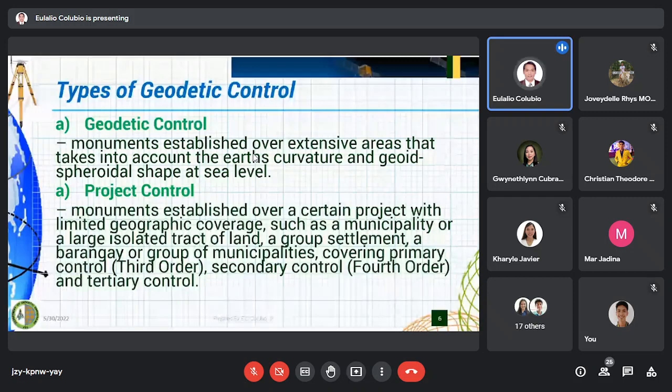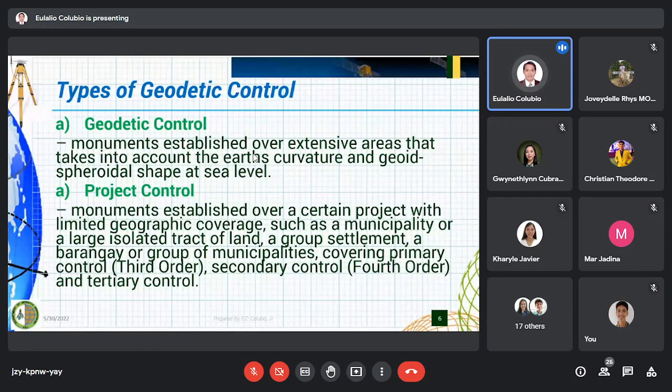For the geodetic control, the area of coverage is large and extensive. Then it takes into account the Earth's curvature and the geoid and spheroidal shape, at sea level.